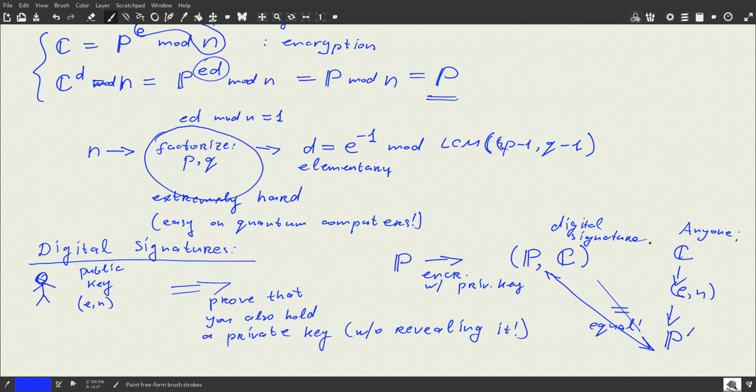Otherwise, anyone can claim, yes, this public key is mine. It's public after all. Mine, mine, mine. No. Only a person in possession of the corresponding private key can demonstrate that they're the legitimate owner of the corresponding public key. And that means the signature, really.